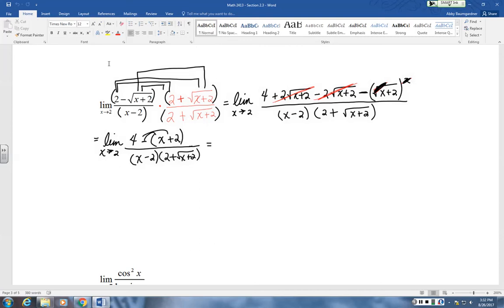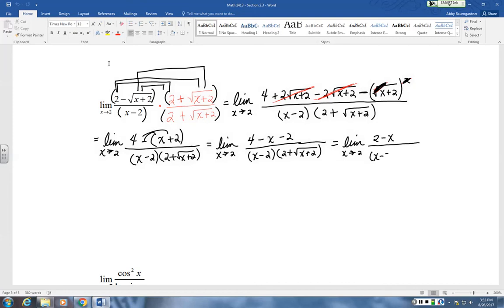Let's distribute. In the numerator, 4 minus 2 gives me 2.